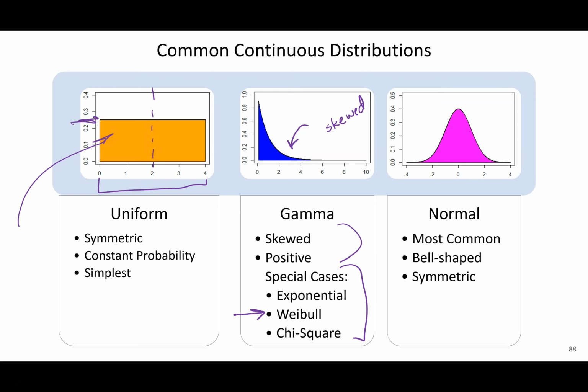Goodness knows I've seen this normal curve, this bell-shaped curve, in so many commercials, and I kind of laugh. It is the most commonly used distribution in statistics. It is perfectly symmetric, so if I fold it in half, it matches exactly on both sides. Definitely very frequently used.